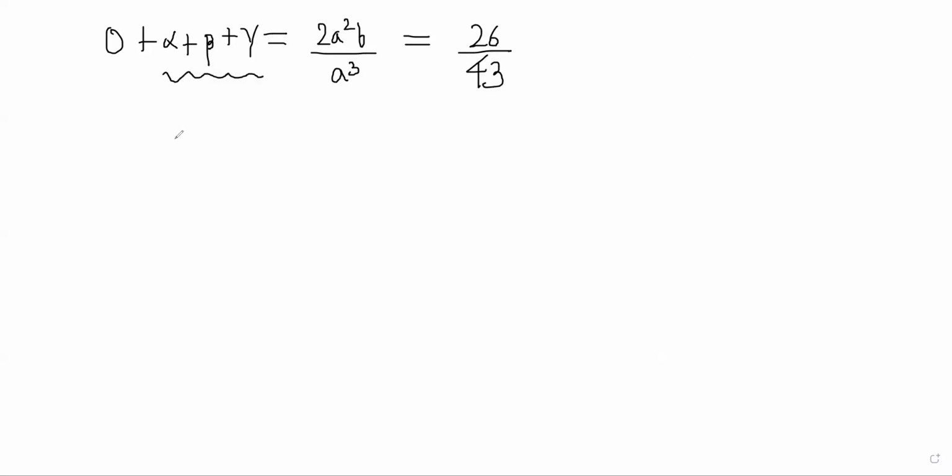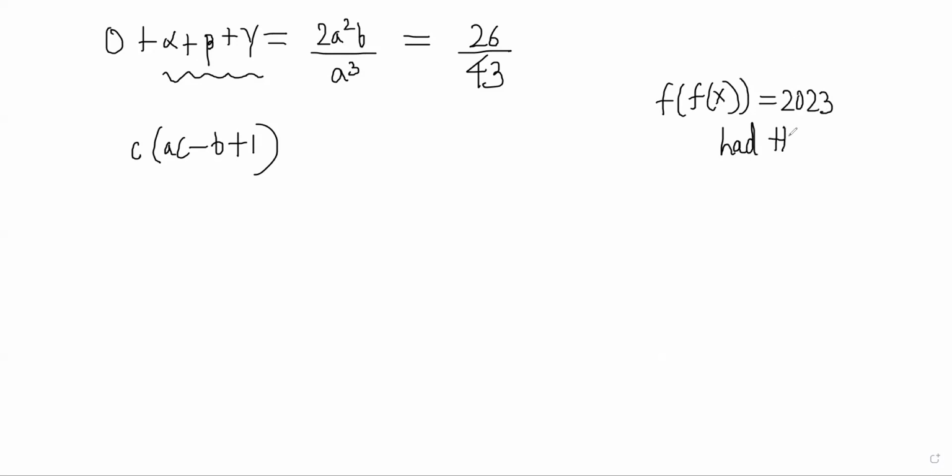And you also have by the product of the roots, c times (ac minus b plus 1) is equal to 0. Actually, I am making a mistake because the question had said that f of f of x equal to 2023 had the roots 0, alpha, beta, gamma.